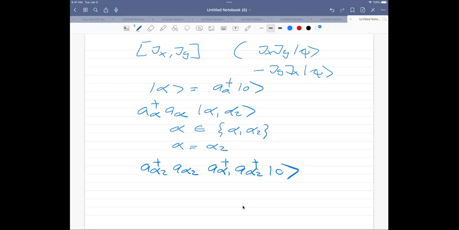Now, remember again that these are tensor products of states. So each one of them has actually acted on zero.